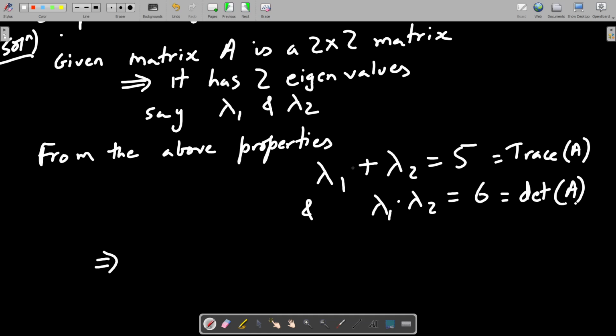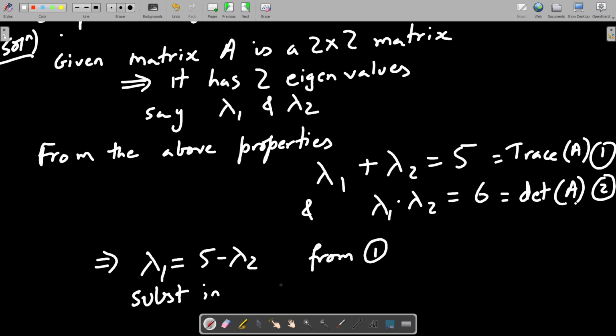There are two ways to solve it. You can simplify either of them and get lambda 1 in terms of lambda 2. So either you write lambda 1 is equal to 6 by lambda 2, or you write lambda 1 is equal to 5 minus lambda 2, whichever way you are comfortable with. I'll prefer to write lambda 1 is equal to 5 minus lambda 2. Okay, we'll call these equation 1 and equation 2.